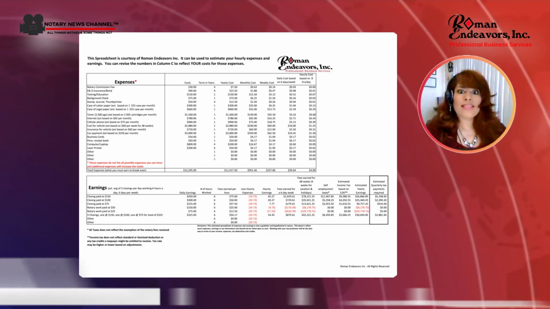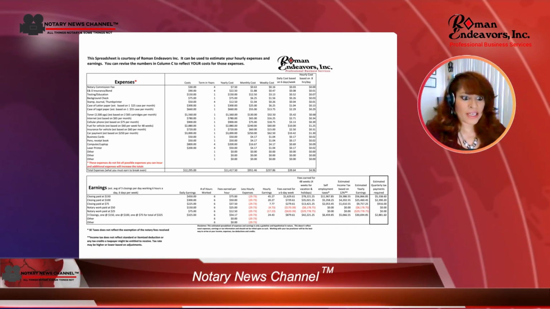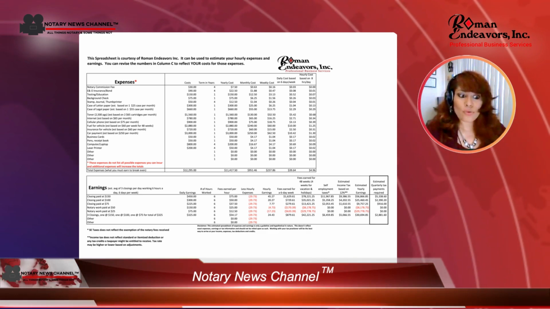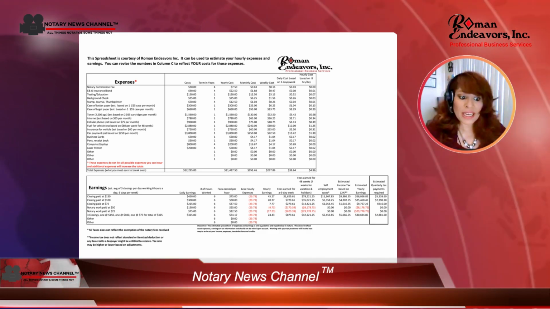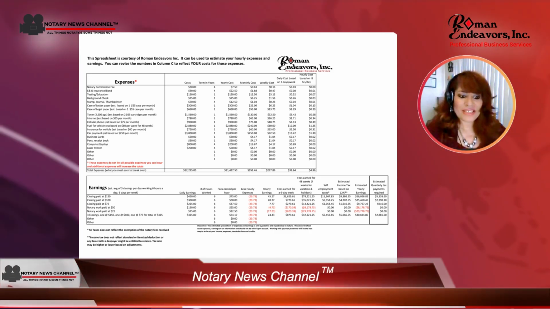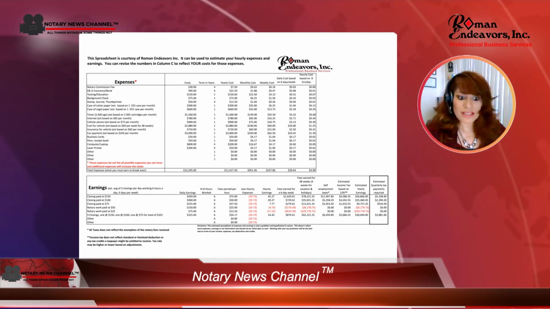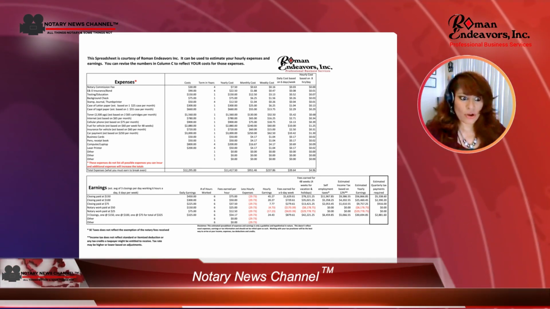So that further drills down to what the yearly cost of those expenses would be, then broken down again to what the monthly cost would be, and then broken down to weekly cost, and then further down to the daily cost. And from the daily cost, we end up getting the hourly cost.